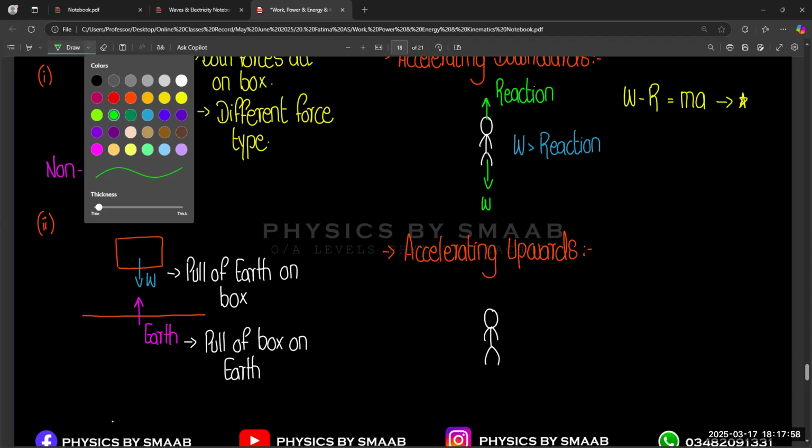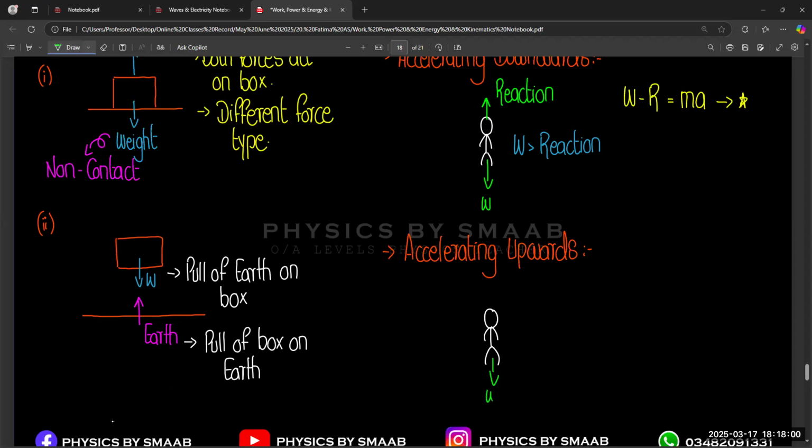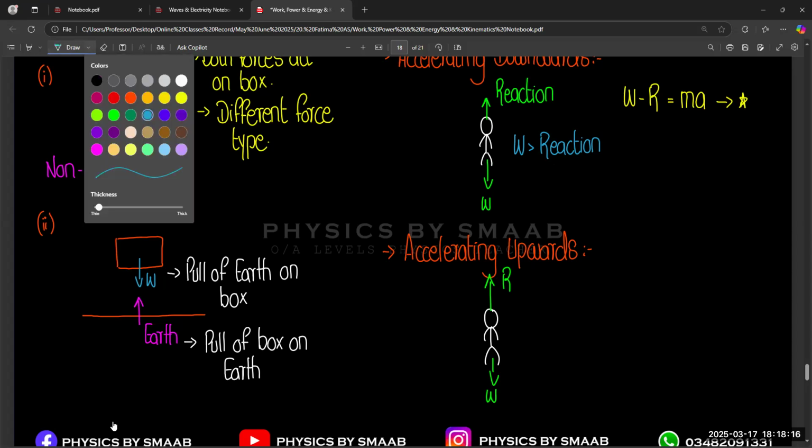Now this is the weight of the body, and this time the reaction force is greater, because the body is accelerating in the direction of the reaction force, so the reaction force is greater than the weight of the object.